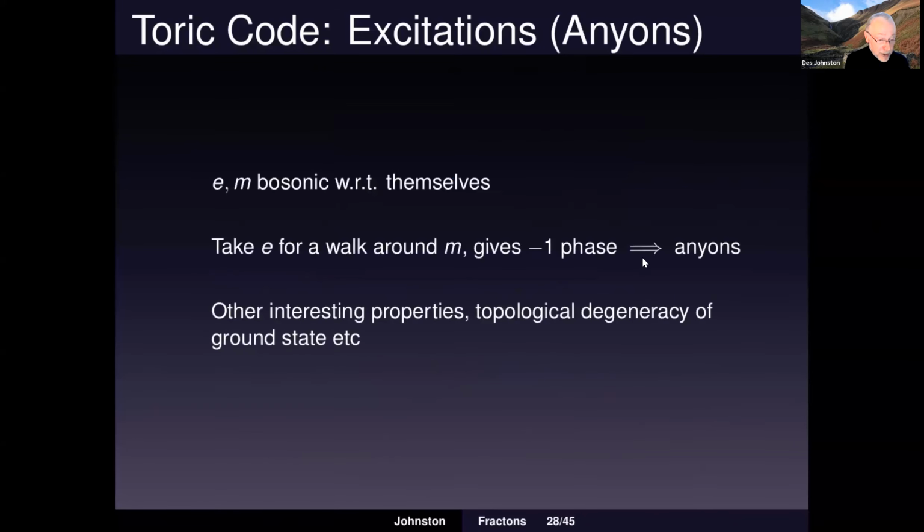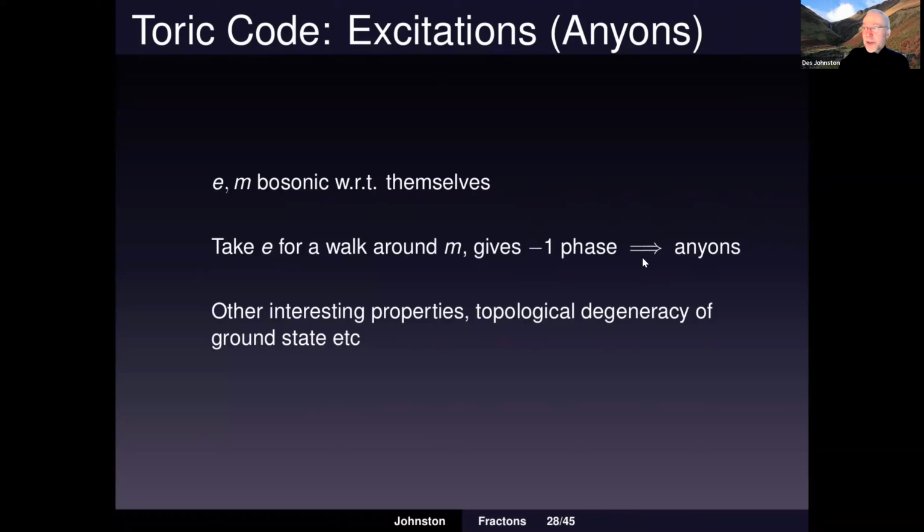So the E and M are bosonic with respect to themselves, but if I take an E for a walk around an M, it gives a -1 phase. So the interesting thing about the toric code is it's got anyons as the quasi-particle excitations in it. And of course, there are other interesting things as well. There's the topological degeneracy of the ground state, etc., etc., etc.